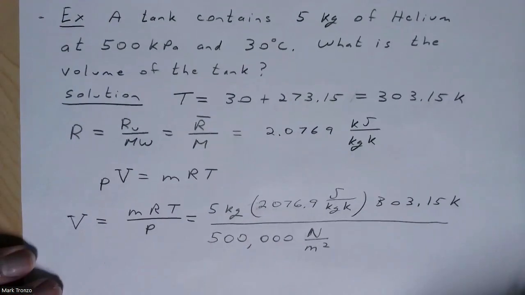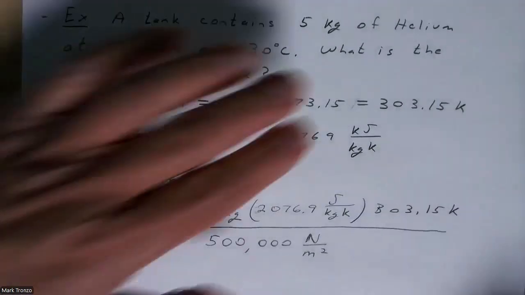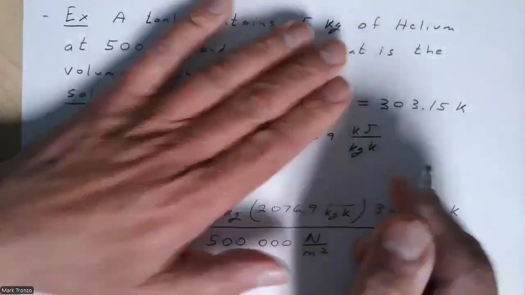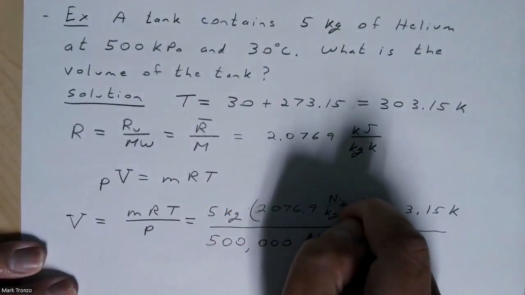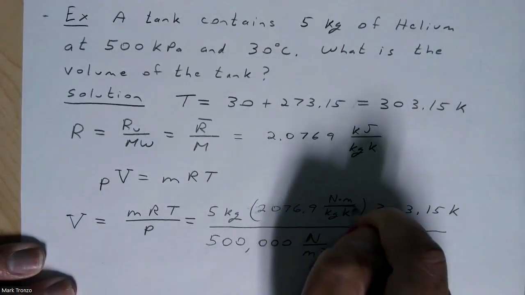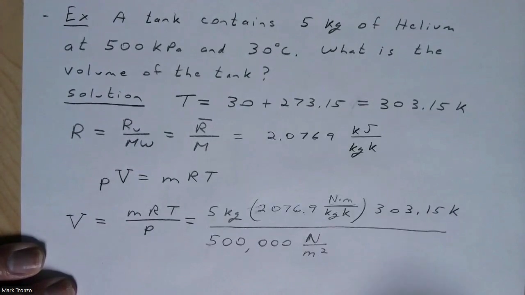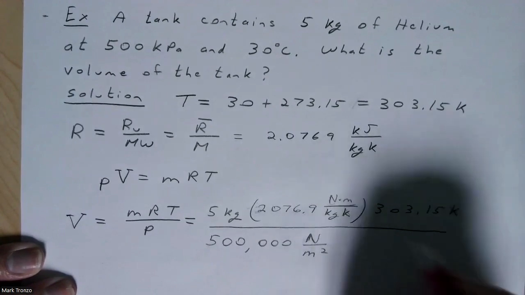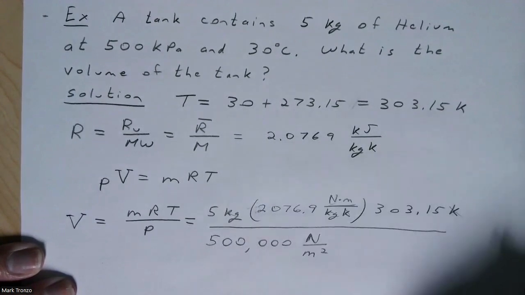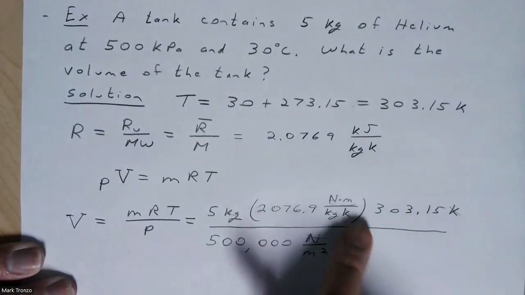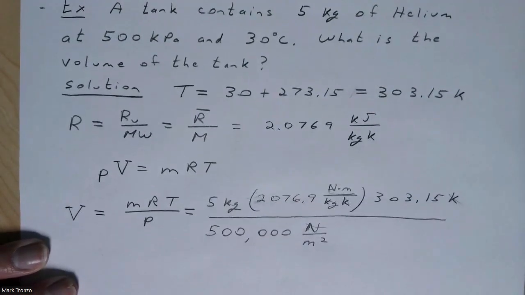Let's be sure everything cancels properly. The kelvins will cancel, the kilograms cancel, the newtons will cancel, and then we do the reciprocal, and we end up with meters cubed in the numerator. So that's what we expect to have.